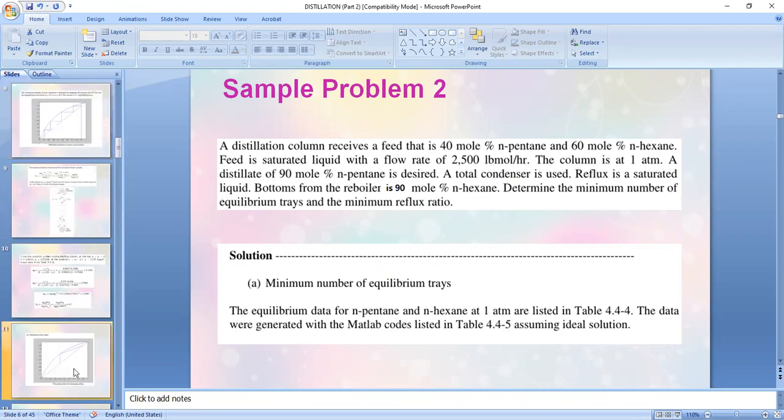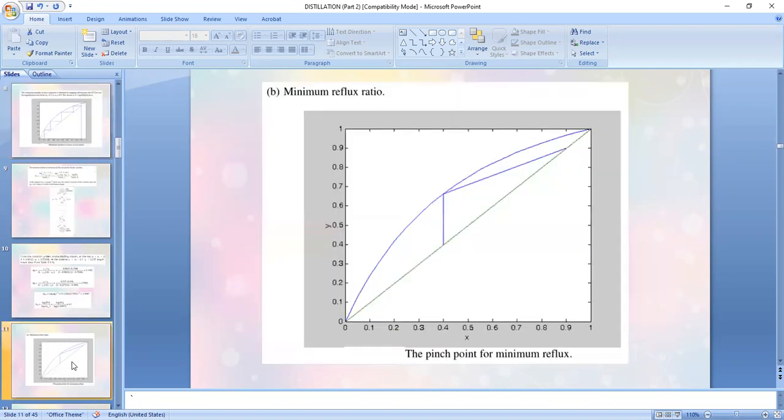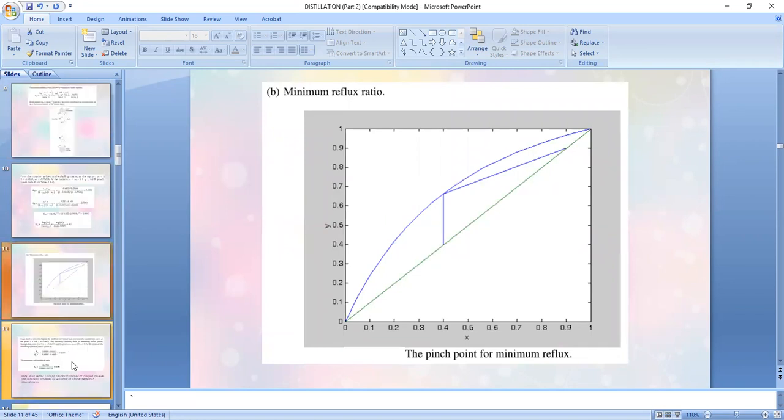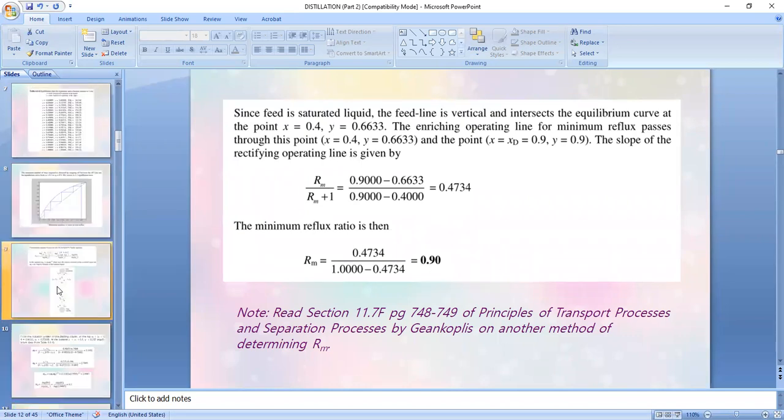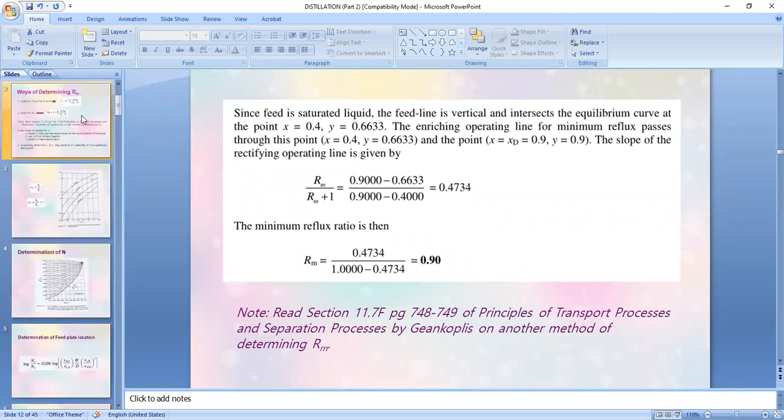So going back to that, you have the X prime, Y prime, and this is the formula that I have shown to you a while ago. So this is your minimum reflux ratio. Now the other way of finding the minimum reflux ratio is the one that is totally analytical.